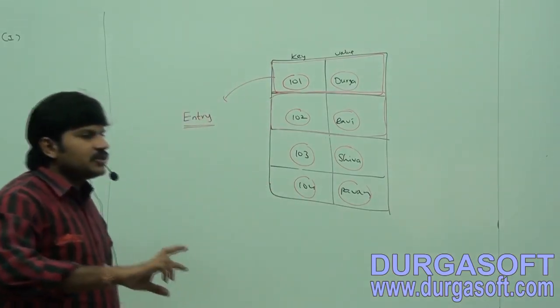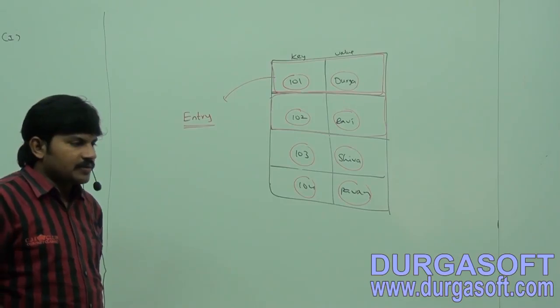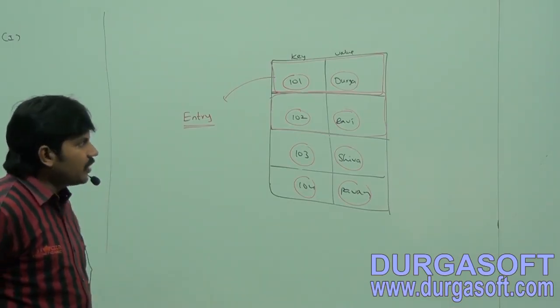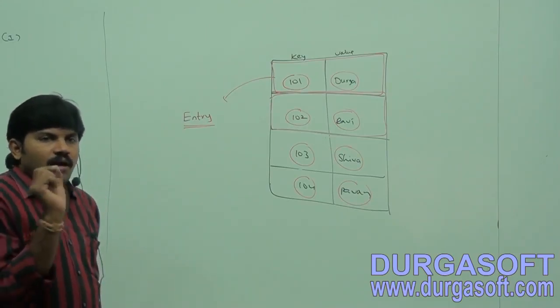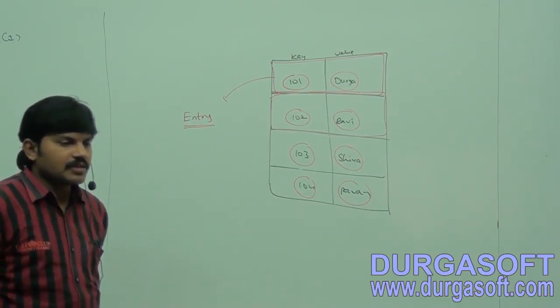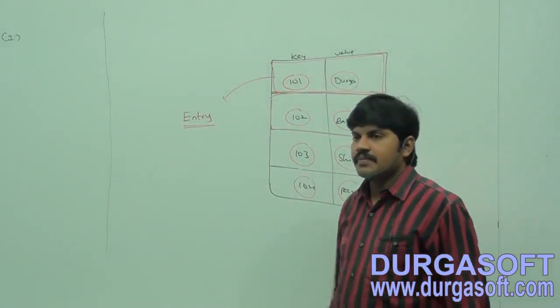Next, each key value pair is called an entry. Better to underline that. Each key value pair is called an entry.